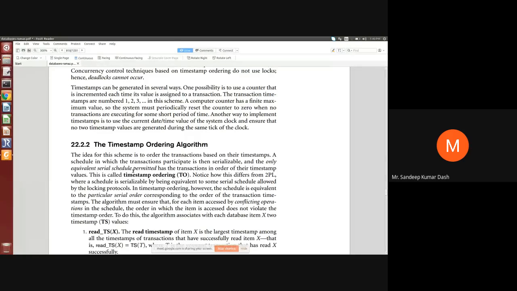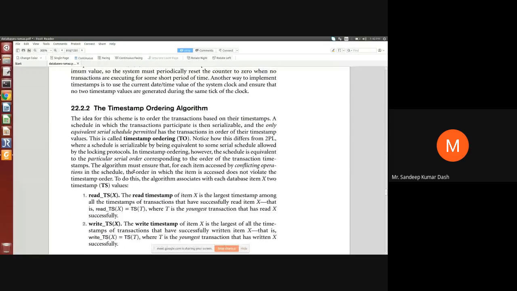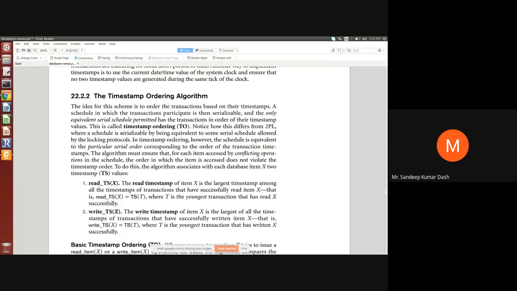What is this timestamp ordering? For this, you need to have two different values. One is the read timestamp of an item, the other is the write timestamp of an item. What do you mean by read timestamp? Read_ts of X and write_ts of X. Suppose there are three transactions, T1, T2, T3. Suppose now T1 is reading the item X. So the read timestamp of X will be 1 because T1 is reading it. Suppose at a point of time T2 is reading it.